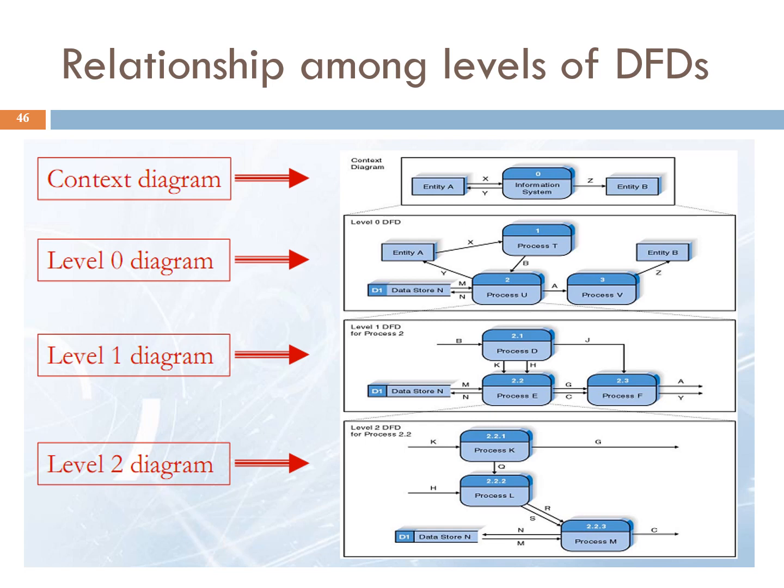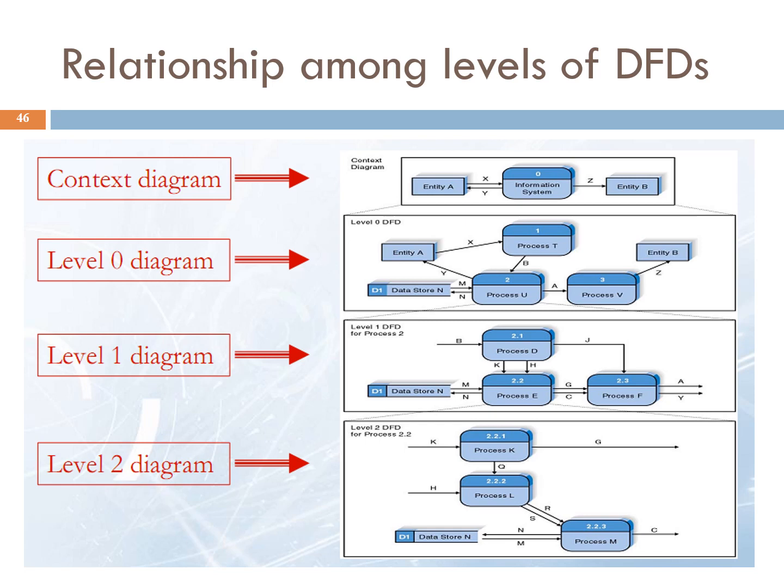In this example, the level 1 diagram is diagram 2, because it is exploded from process 2.